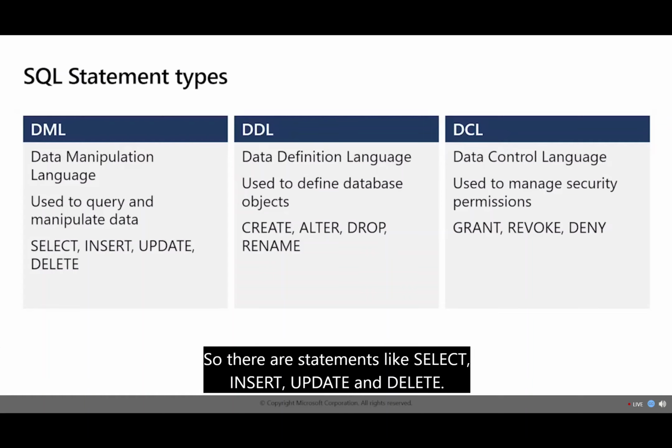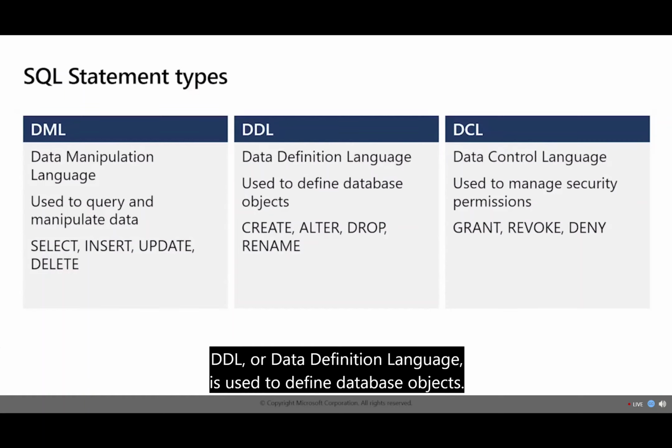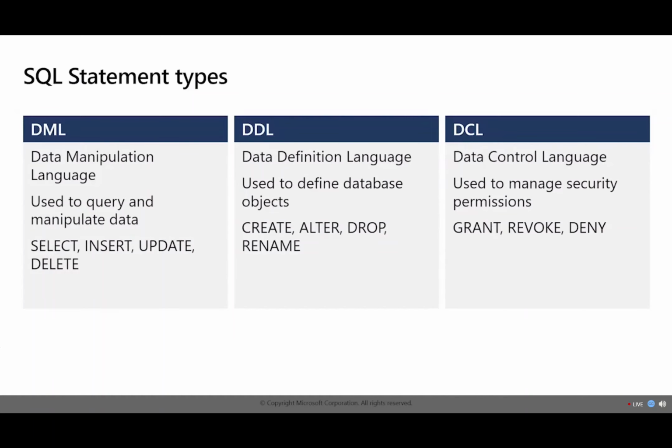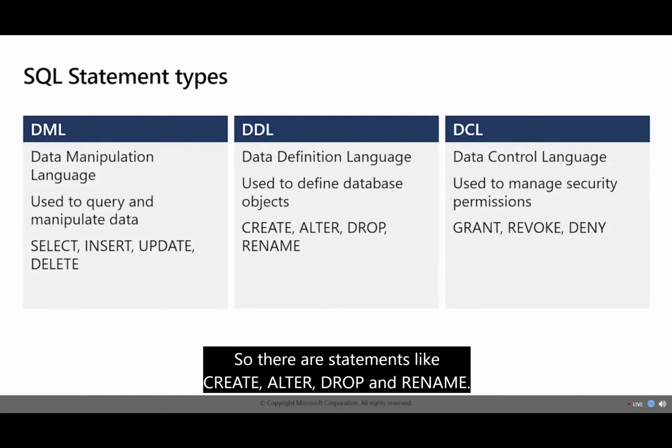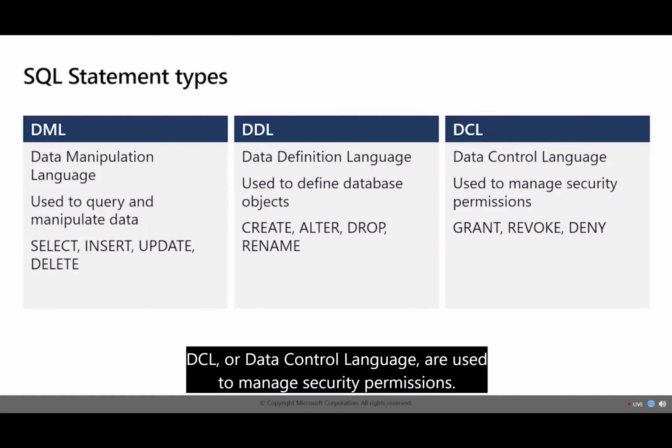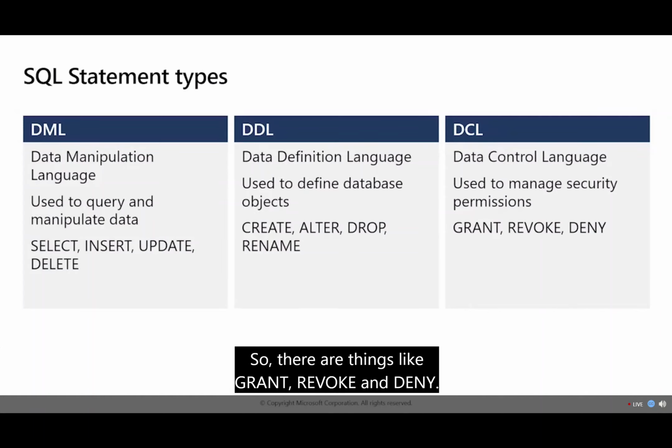So they're statements like select, insert, update, and delete. DDL is used to define database objects. So they're statements like create, alter, drop, and rename. DCL are statements used to manage security permissions. So they're things like grant, revoke, and deny.